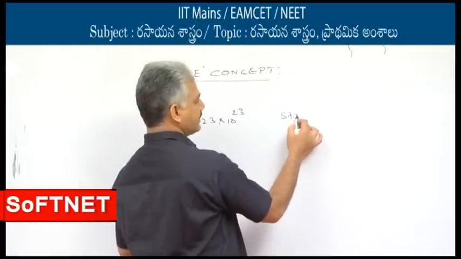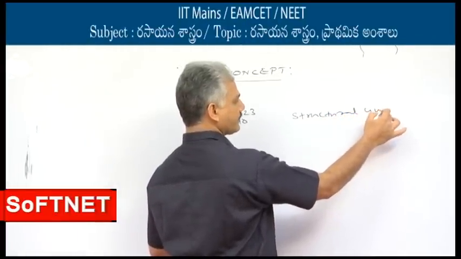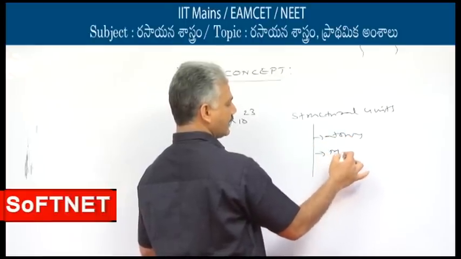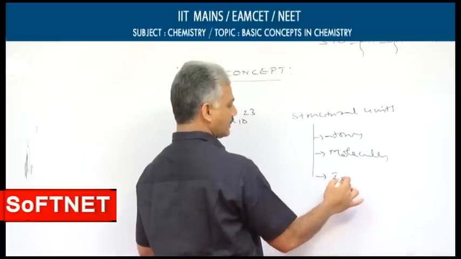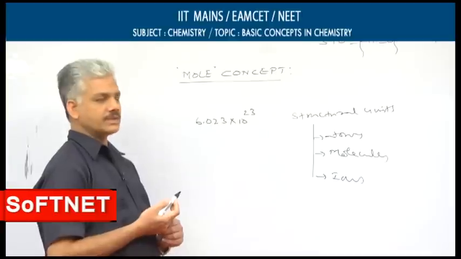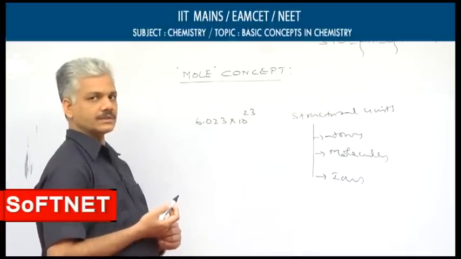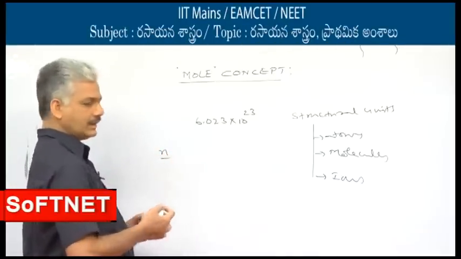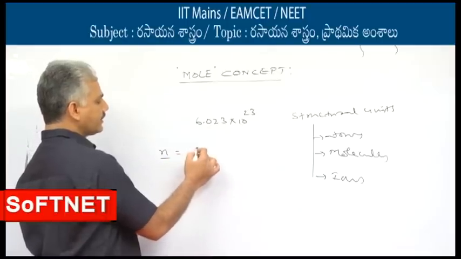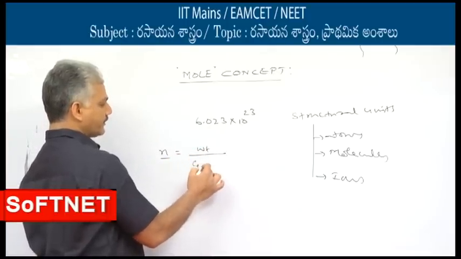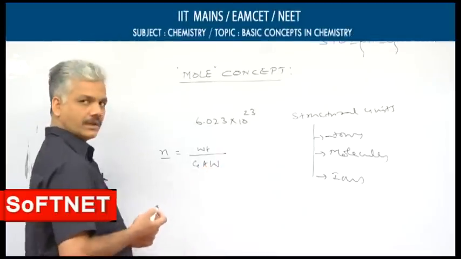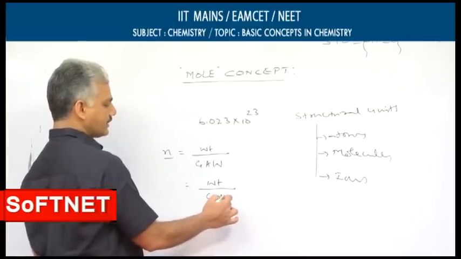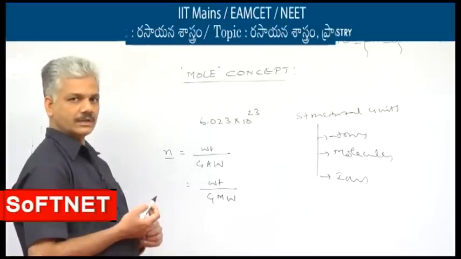Here structural units means they can be either atoms or molecules or ions. So, in order to measure them, we can make use of the concept of mole. Number of moles is indicated with the letter N and is calculated as weight by gram atomic weight in case of elements, and in case of compounds it is calculated as weight by gram molecular weight.